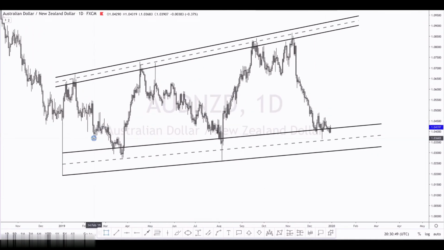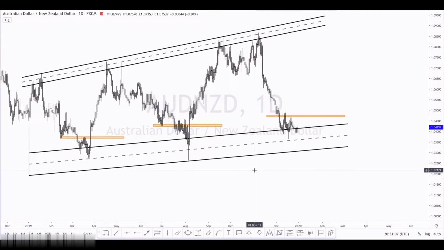So when it's coming to Aussie, New Zealand, you can see we have an area where price comes to again, and you can see many examples of the same thing. Now on Aussie, New Zealand, we've got practically the same thing happening again.